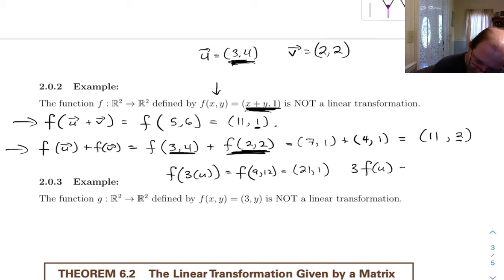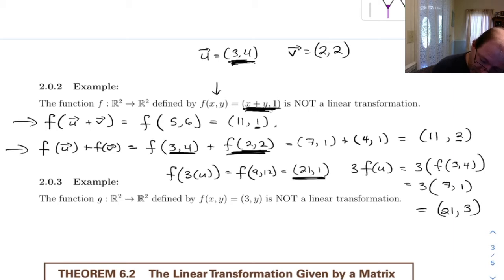Whereas if I do 3 f of u, that's going to be 3 times f of (3, 4). F of (3, 4) is going to be (7, 1). And when you do 3 times that, you get (21, 3). So this and this are not the same. So therefore, it's not a linear transformation.